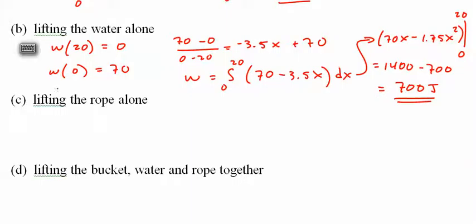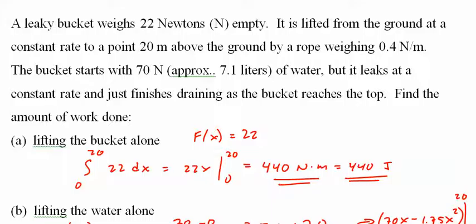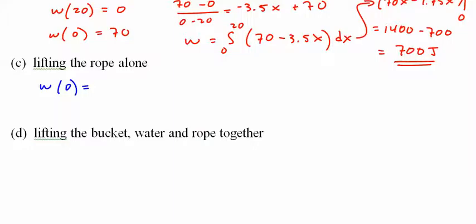Lifting the rope is a similar problem. When you lift the rope originally at 0, it has a weight of, I need to go up and check it out. It's going to have to be 20 meters long, and it weighs 0.4 newtons per meter.